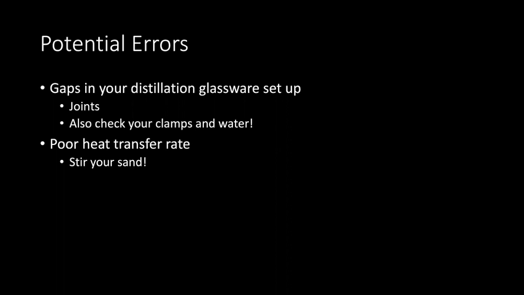Obviously, if there's a gap, vapors can escape and you will not collect the volumes that you were supposed to. Other things to be mindful of is the clamping of your glassware, as I said earlier, as well as your water flow and that the water's turned on at all.